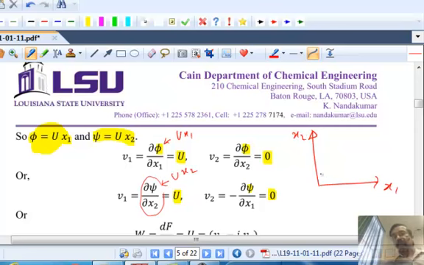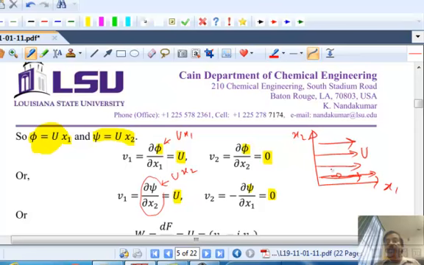So it is pointing in this direction. The velocity is pointing only in the x1 direction. There is no velocity component in the x2 direction. The velocity is just u everywhere, constant. I should actually draw the same vector length everywhere. So it is a uniform flow in the x1 direction.